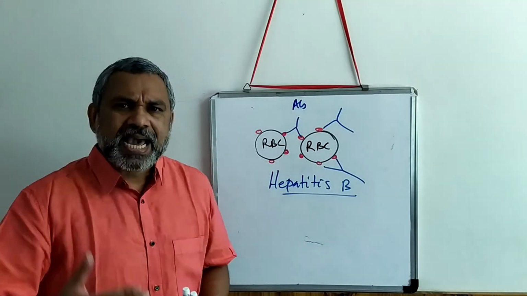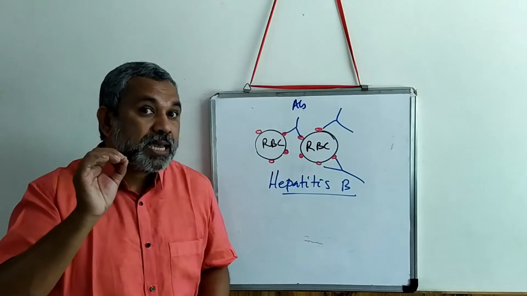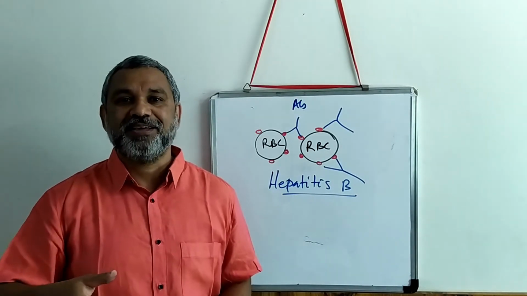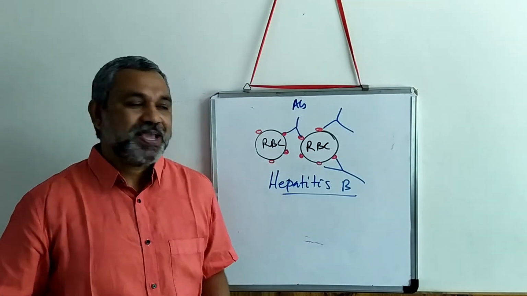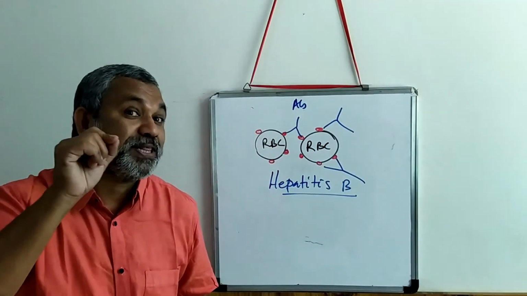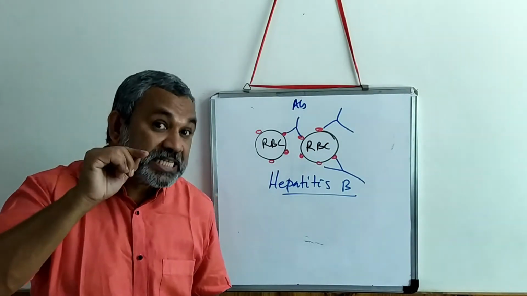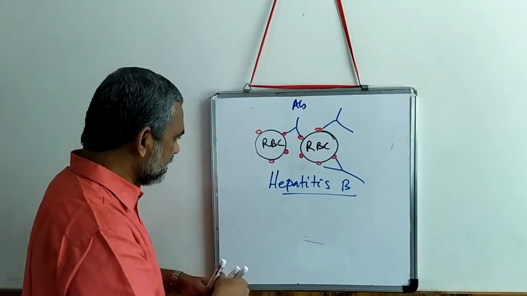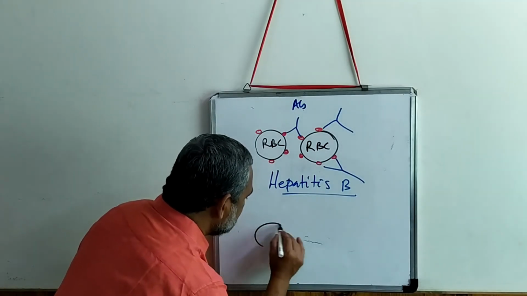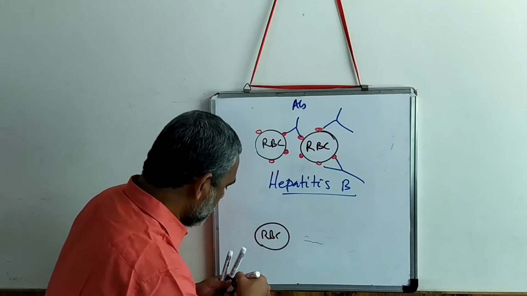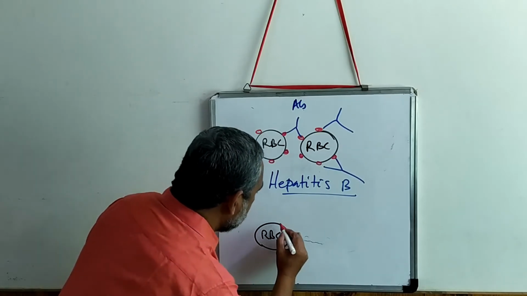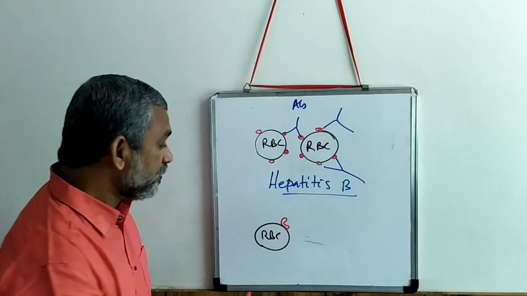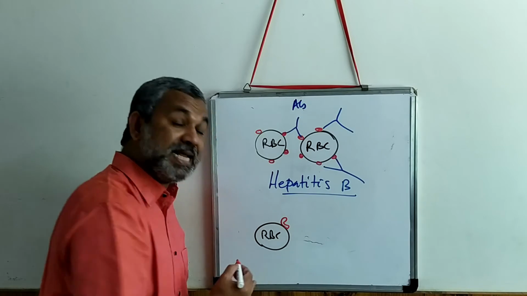Many times what happens is the antigenic determinant will be buried inside, and it is not easily available for the antibodies to bind. In such cases, assume this is the RBC, and we have coated it with the soluble antigen, but the antigenic determinant is buried inside.